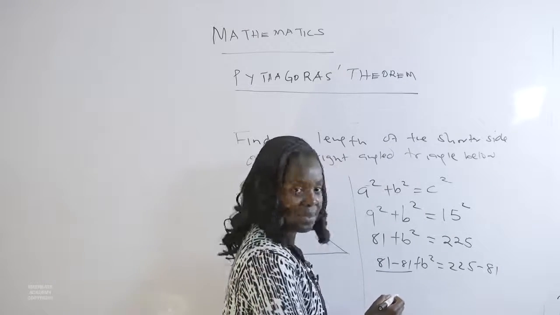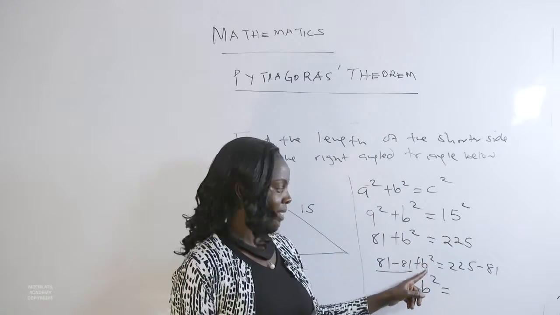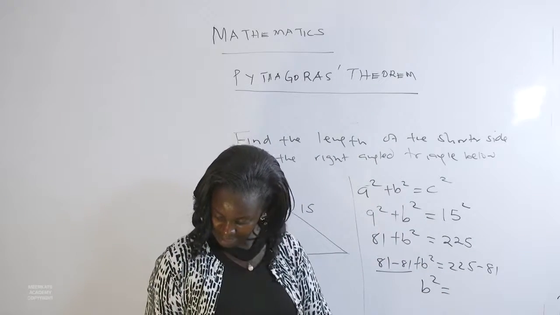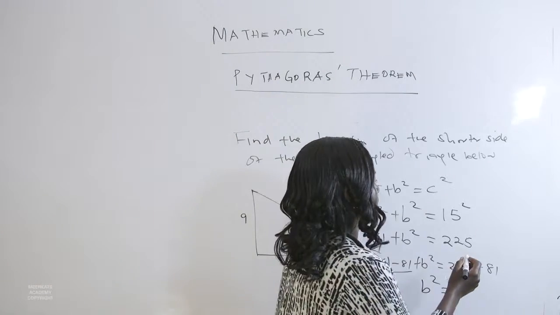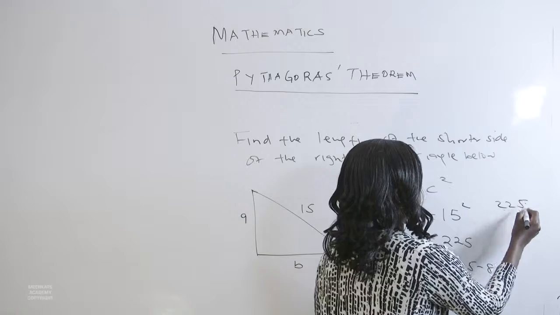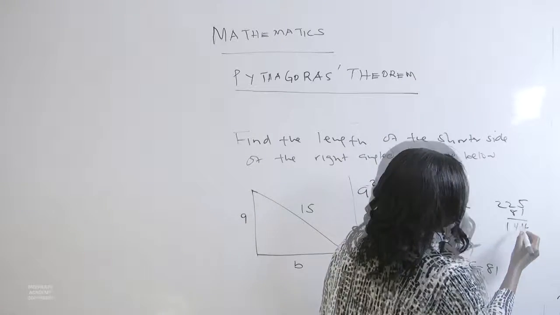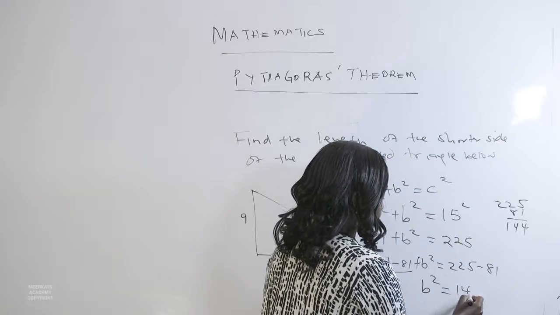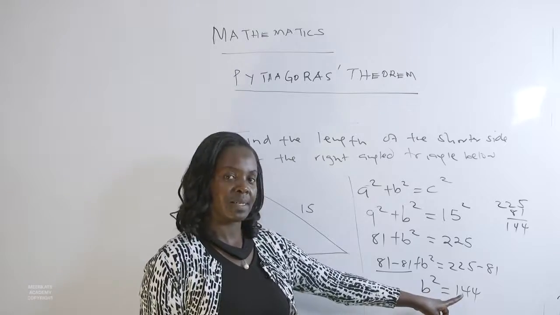So this one cancels out. We have B squared remaining alone on this side. 225 minus 81, that will give us 144. B squared is 144.